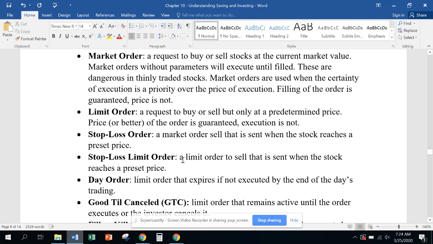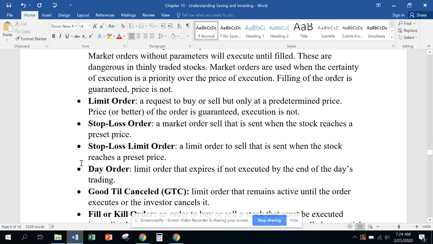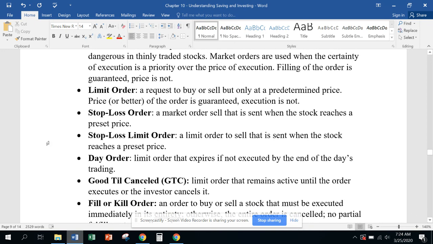Now if the market's not willing to buy at 19, your order could just sit there at 19 and not get executed and not be out of the position. So it's easier to figure out exactly how much you're going to lose on a trade, but it doesn't guarantee that we're going to be out of the position.